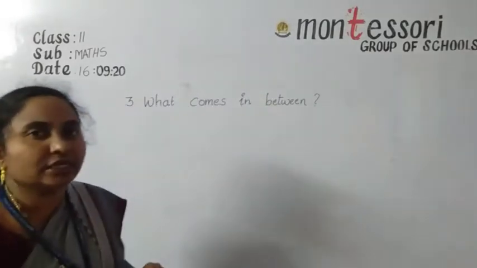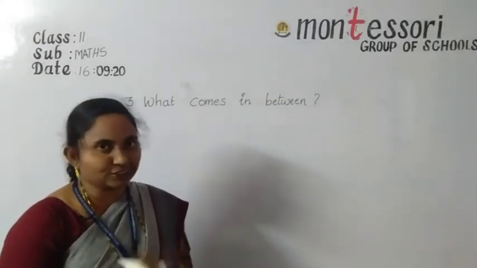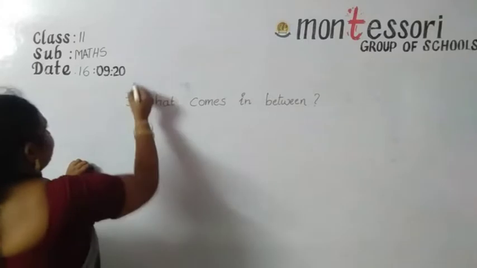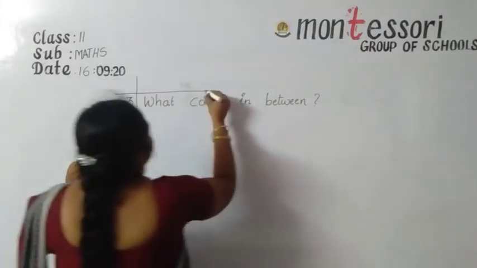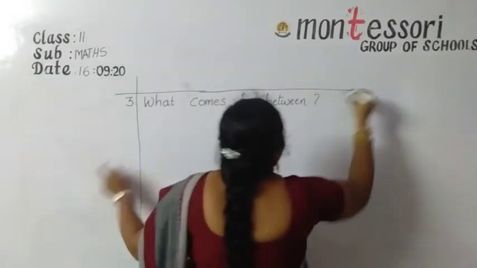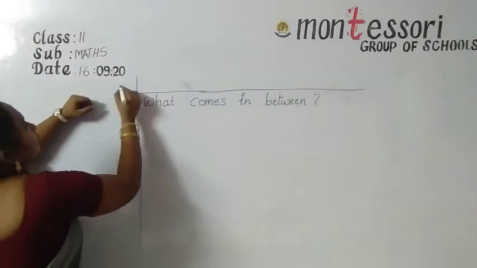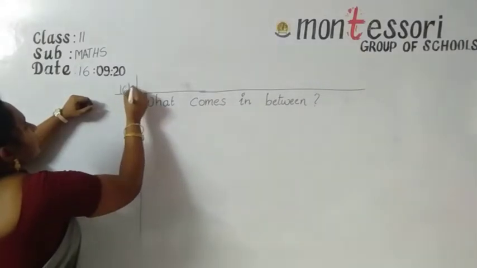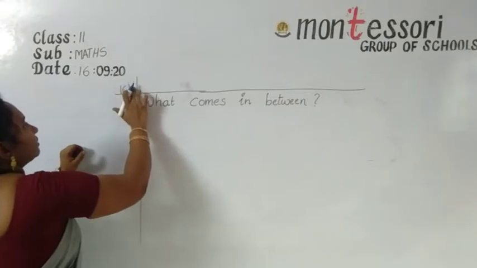If you have place, you can write continuously. If you have no place, you can write on the next page. All of you draw the margin. Now write the date. Today's date is 16/9.